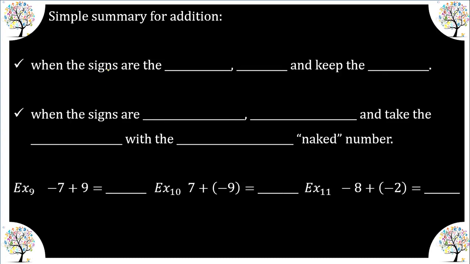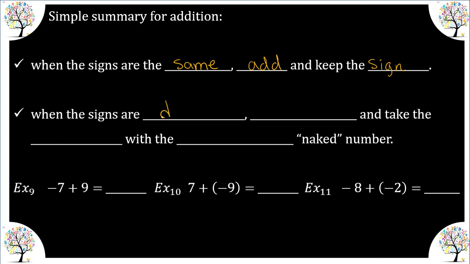Okay, now let's take a look at the simple summary for addition, and this is where we're not going to use integer tiles or a number line. So just remember when you're adding integers and the signs are the same, you simply add the two values and keep the sign of the numbers.